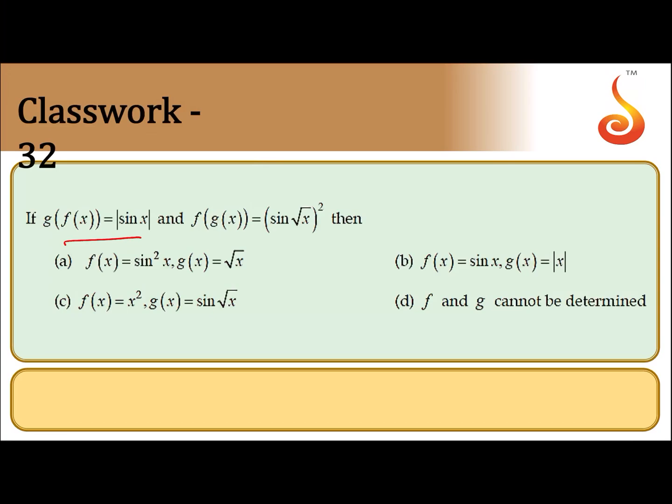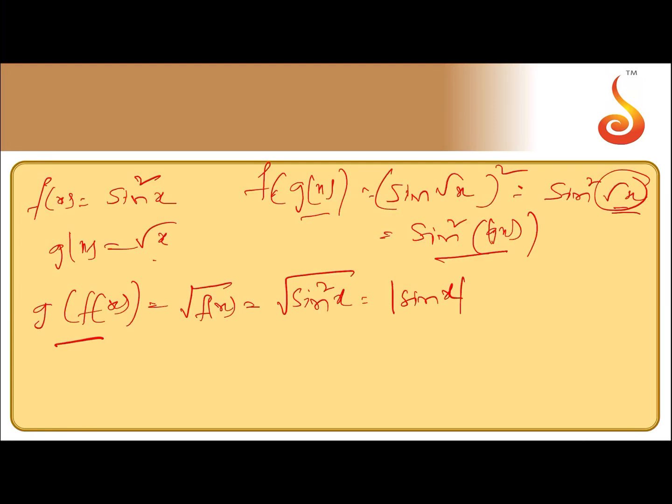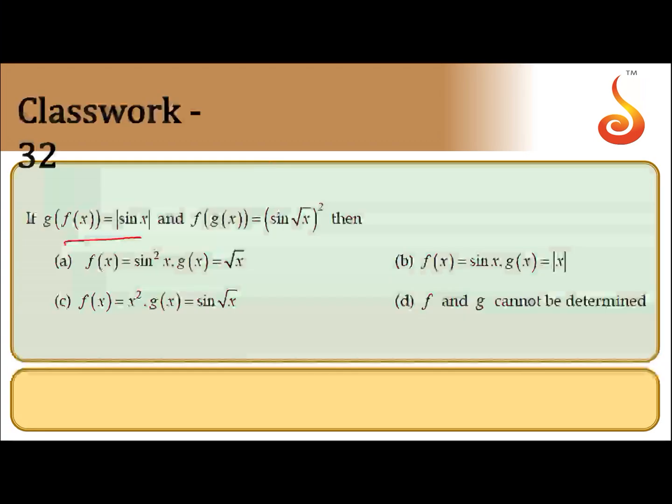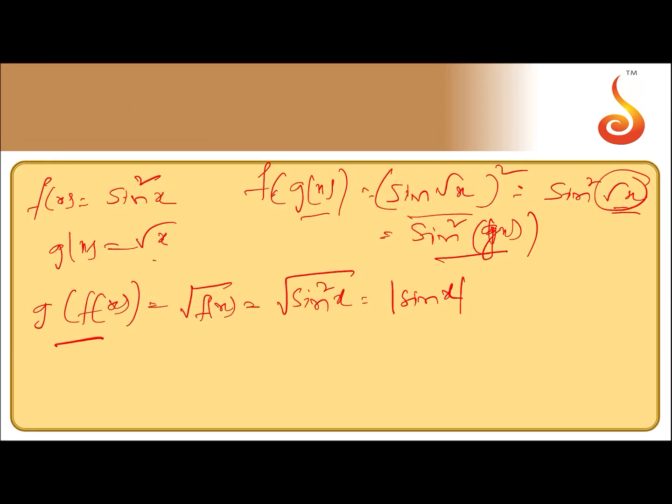And therefore, it is satisfying the condition that f of g of x is equal to sine root x taken whole square. Sine square of root x. This value exactly satisfies the condition here, so g of x is equal to root x. Sine root x whole square, I'm supposed to get it.